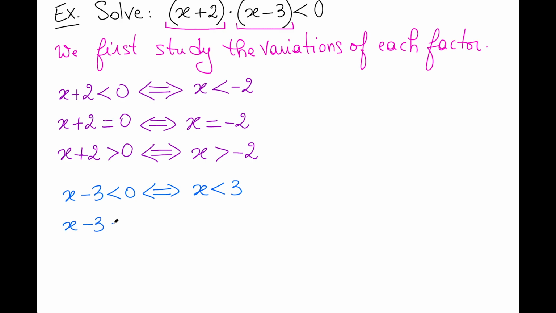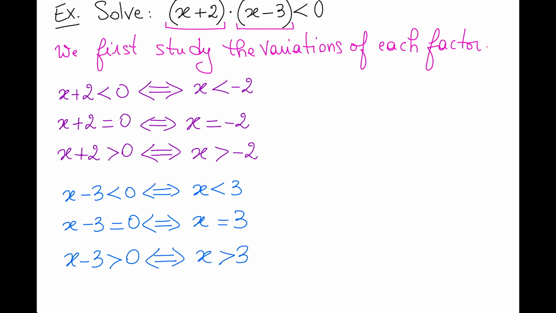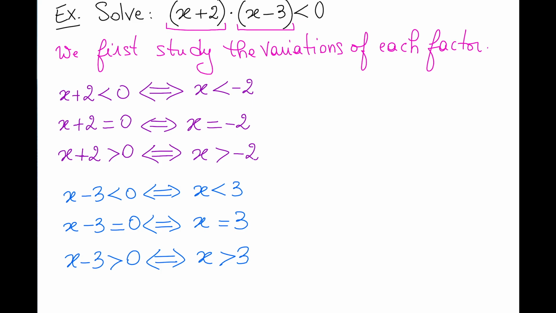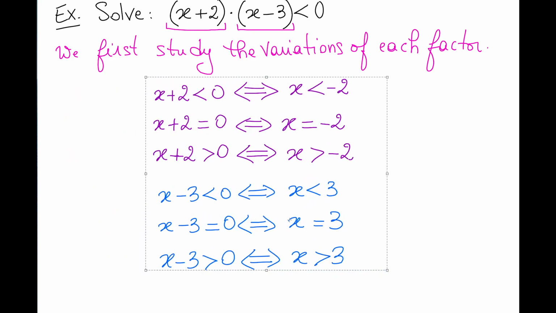Similarly, x - 3 is 0, which is neutral, if and only if x is equal to 3. And x - 3 is positive precisely when x is greater than 3. Very good. So let's understand what we have so far.